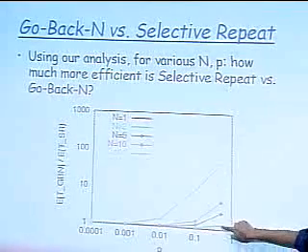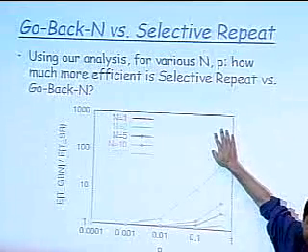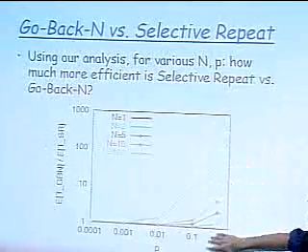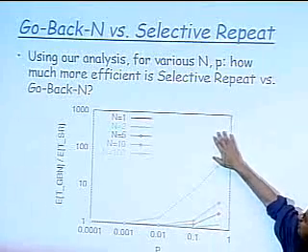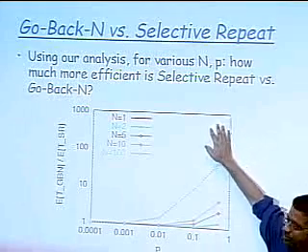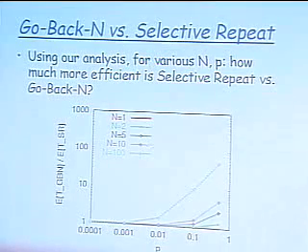When you start increasing the window size, if you go to 1000, then at loss probability of 0.5, the performance of selective repeat is almost 500 times better than go back n.